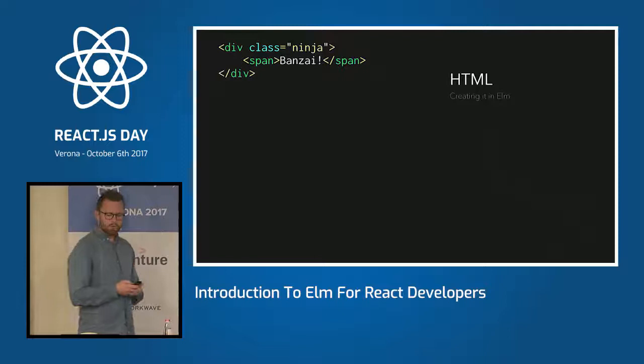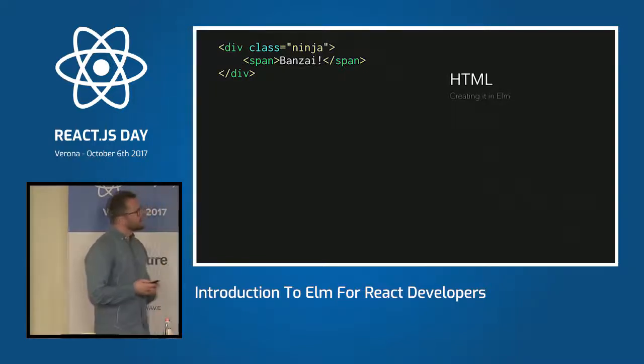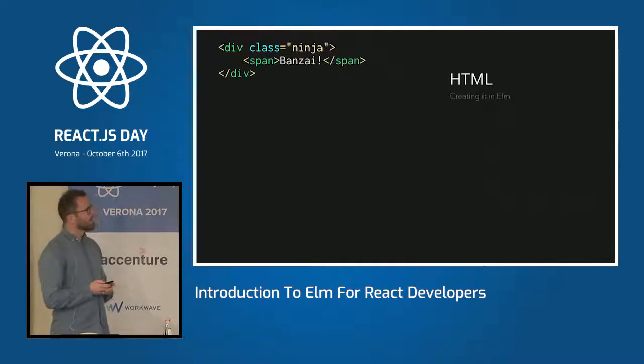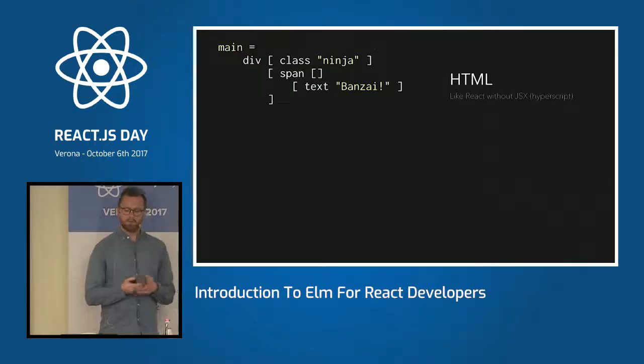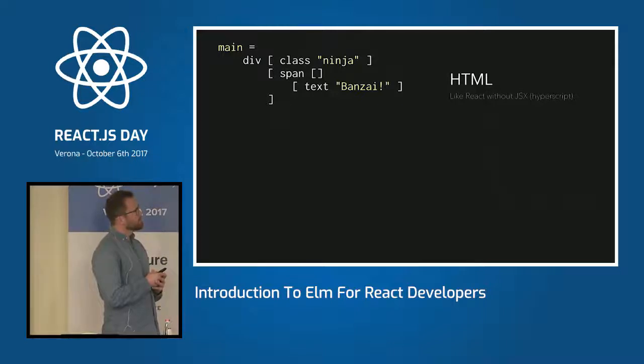So let's move on and look on a bit of HTML. So this is a bit of HTML, which will be created by functions in Elm, similar to React. So this is pretty similar to what happens under the hood in React when you don't use JSX, or after the JSX has transpiled. To create a div, you would call a div function with two lists, a list of all the attributes.